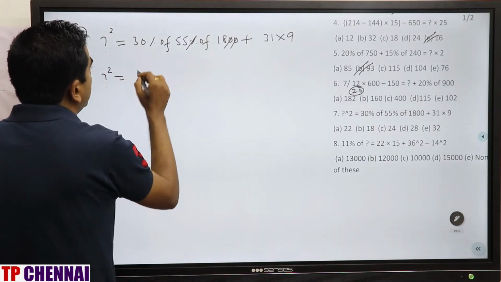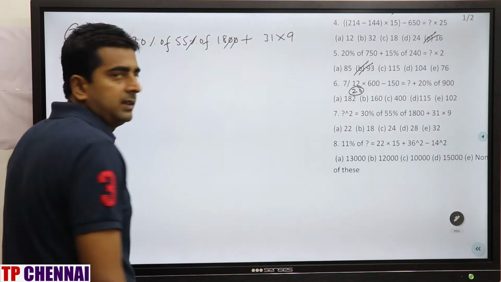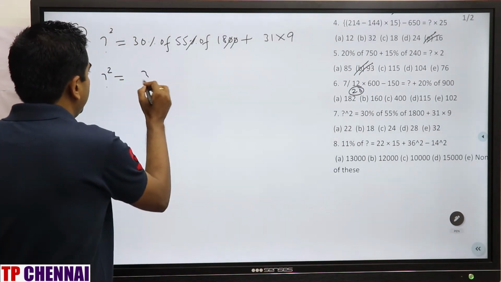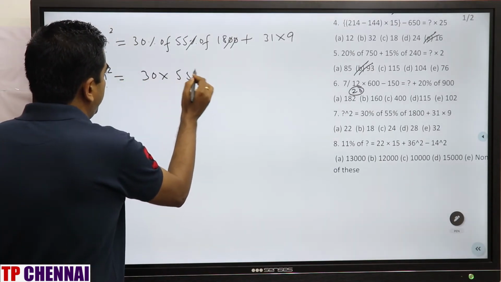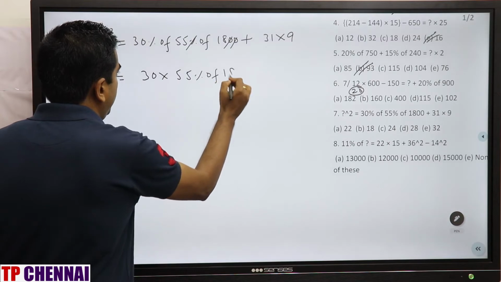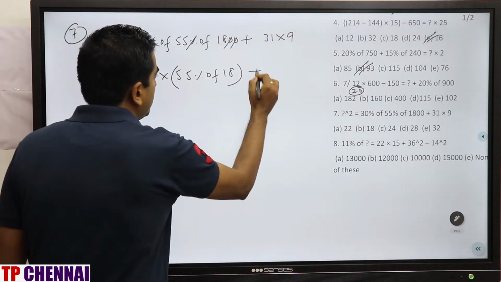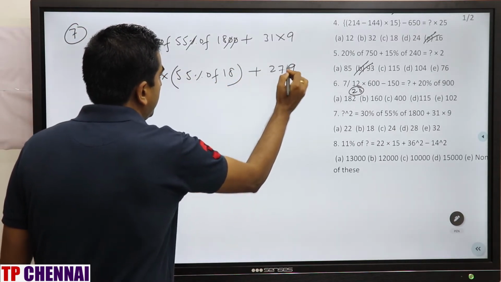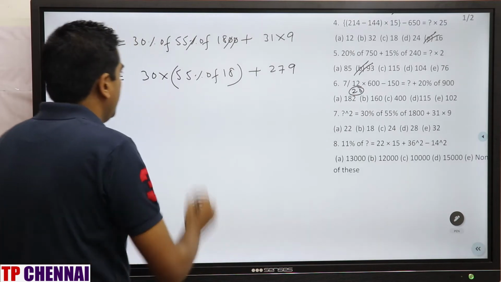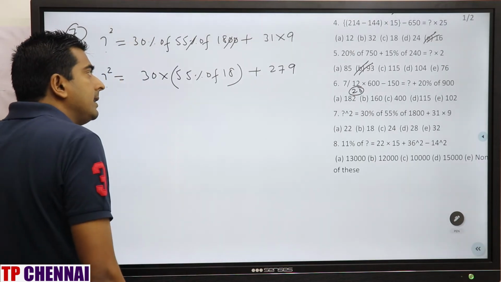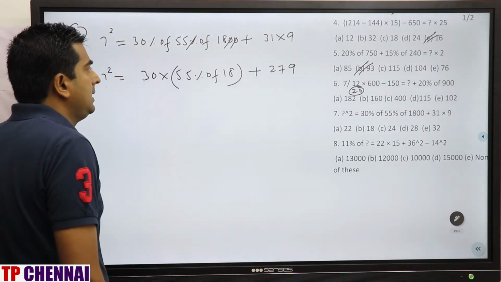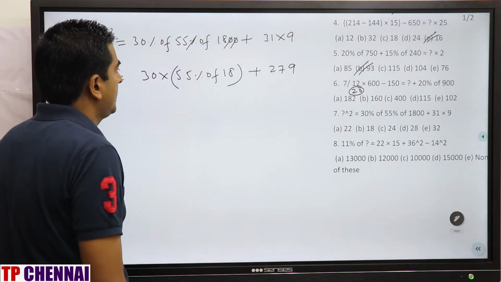So 30% of 55% of 1800 is nothing but 30% of 55% of 18. What is 55% of 18? 50% of 18 is 9. 5% is nothing but how much?